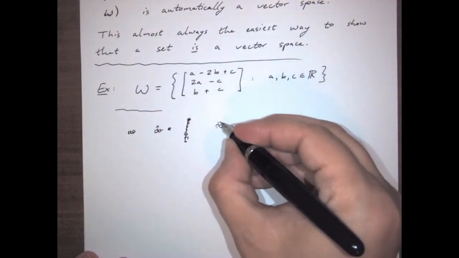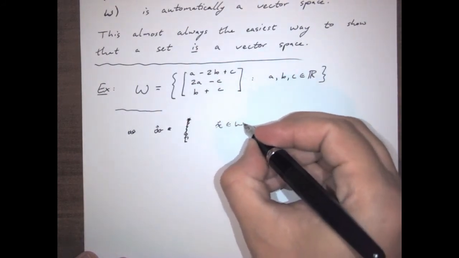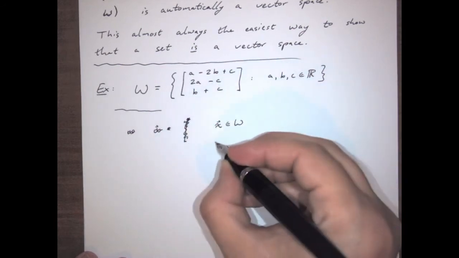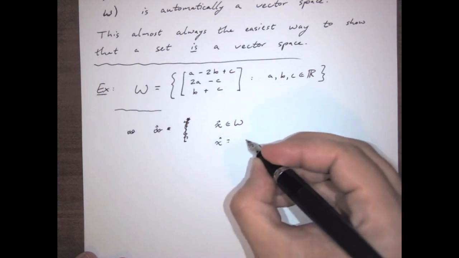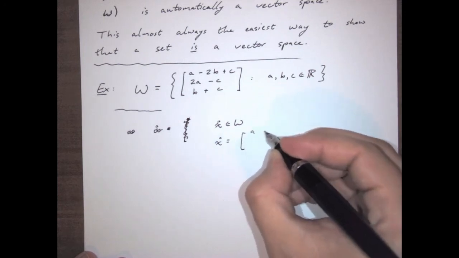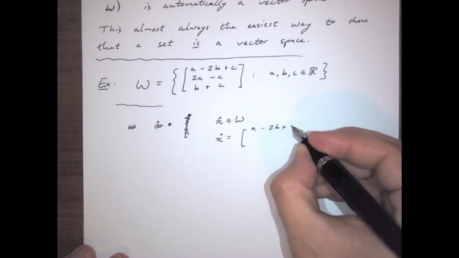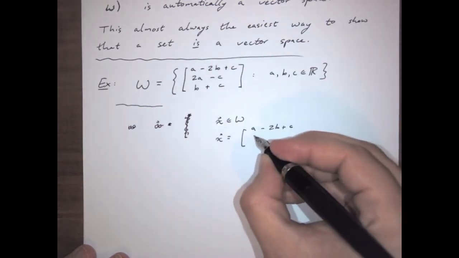So X is in W. Then what that means is that X is equal to something of this form. This is exactly the specification of the elements of this set.